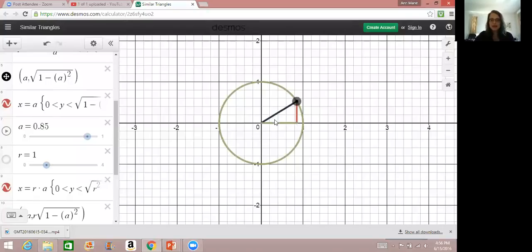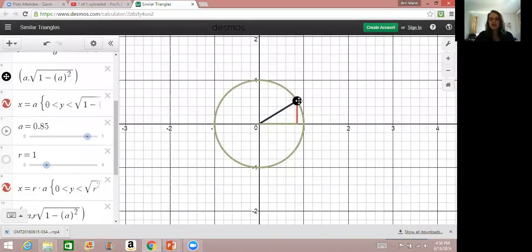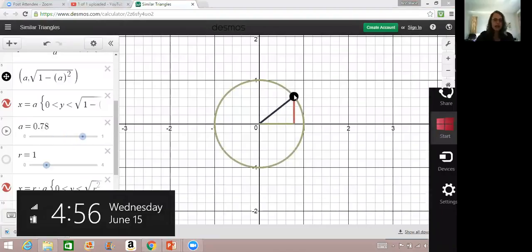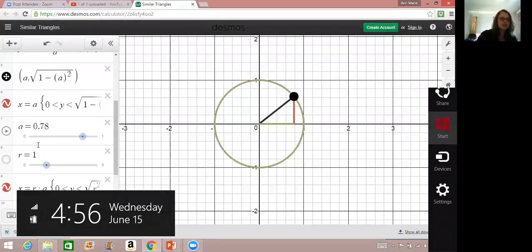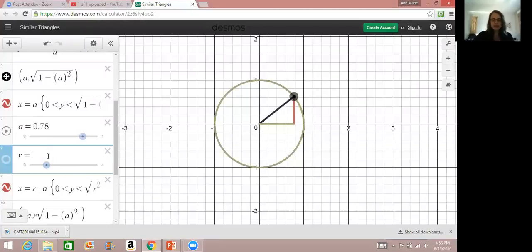That's this angle right here between the x-axis and the slanted line. The ratios of my vertical and horizontal lines, my x and my y, change as I move along the circle. Not a surprise, since the coordinates of my point are changing. Here's the thing that I want you to understand, and this is really important. Let's look at another bigger circle.